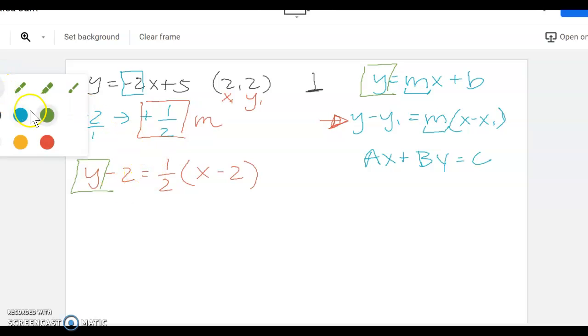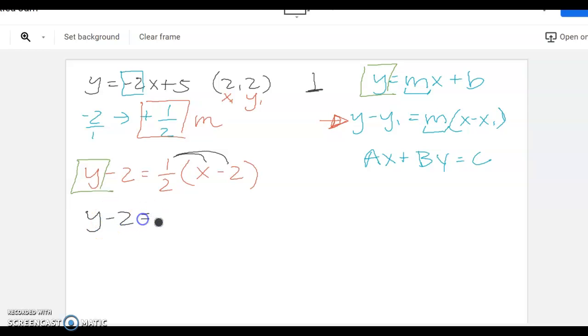And so to get out of point-slope form, I have to get rid of my parentheses by distributing. So I'm just going to keep what I have on that side, y minus 2. I'm distributing in my 1/2 times x, and 1/2 times -2. Now the thing about multiplying by half is whenever I have a numerator of 1 in my fraction, it's like I'm dividing by the denominator.